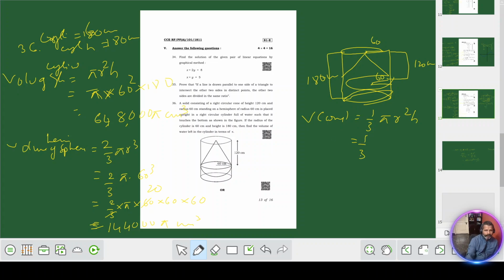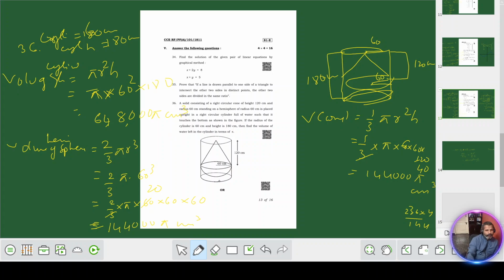So on solving, 1 by 3 into pi into 60 into 60 into height is 120. 6 is 36. 36 into 4. 4 6 is 24, 4 3 is 12. 144. So 144,000 pi cm cube.